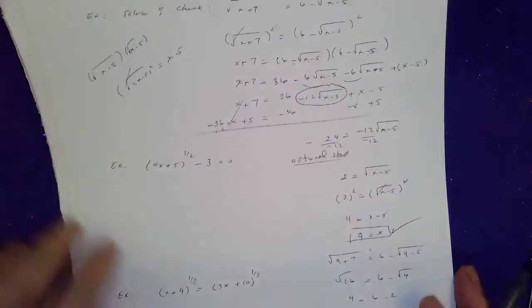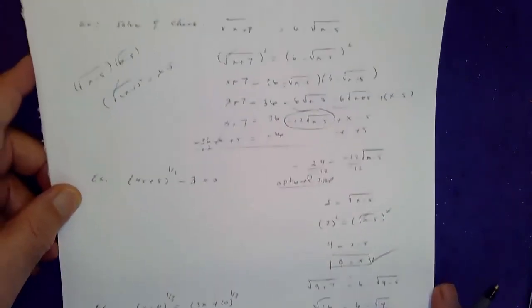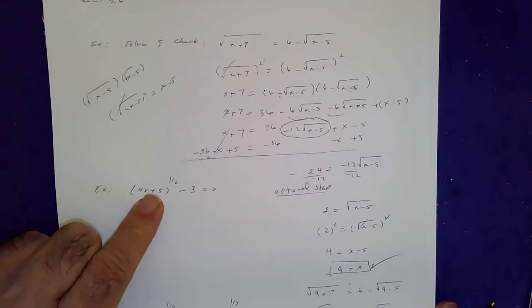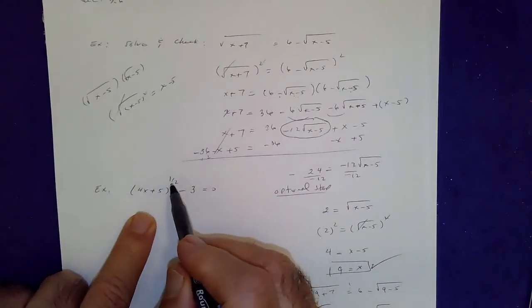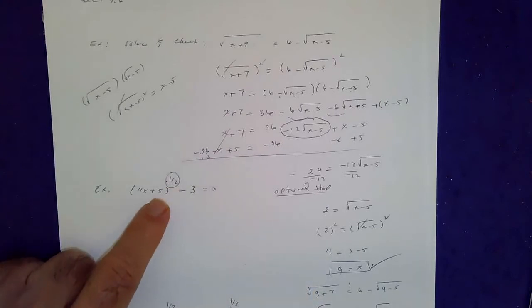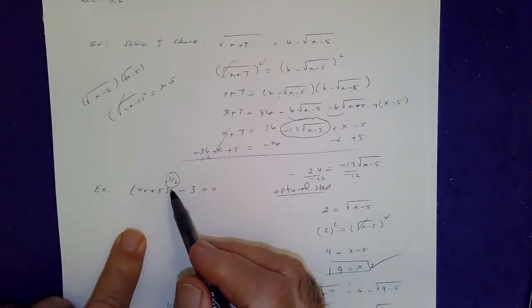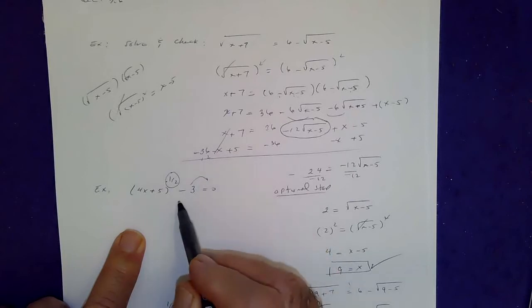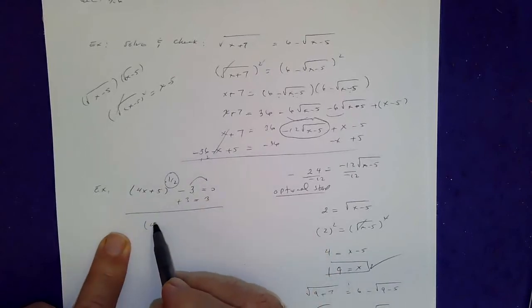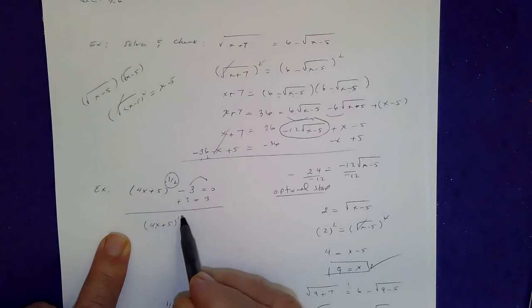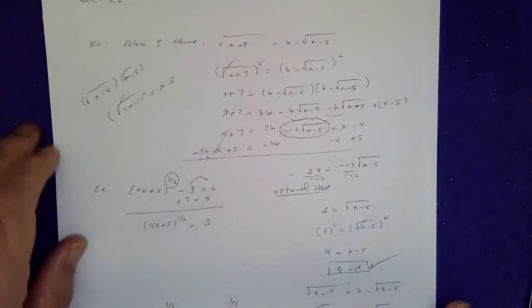Right? Sometimes, based on section 7.2, where we could write the radicals in exponent form, you have this kind of rational exponent. You know that's a radical, right? Move the 3 over by adding 3 to both sides. And lo and behold, you get 4x plus 5 to the power of 1/2 equals 3.